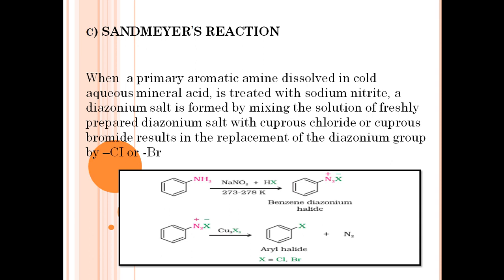By mixing the solution of freshly prepared diazonium salt with cuprous chloride or cuprous bromide, the diazonium group is replaced by chloride group or bromide group.